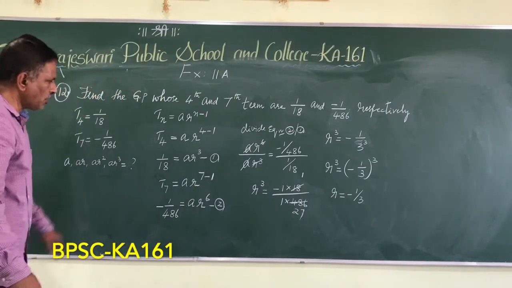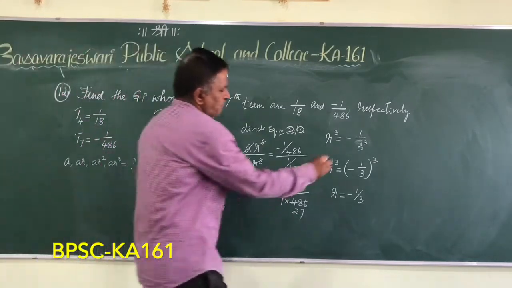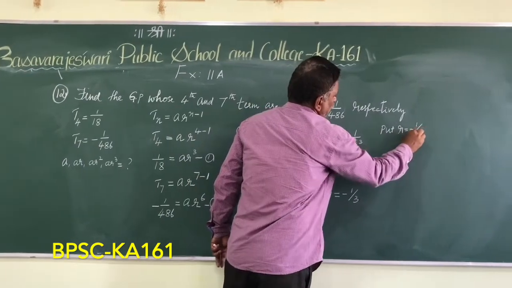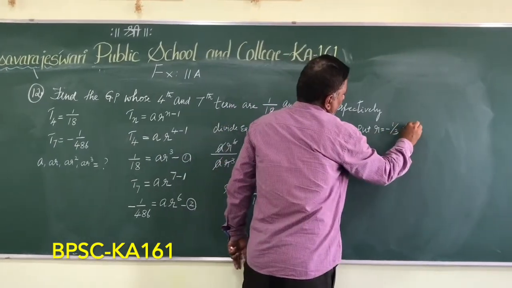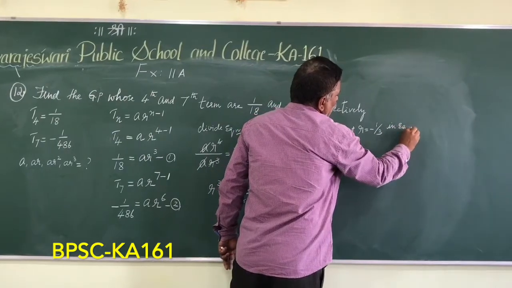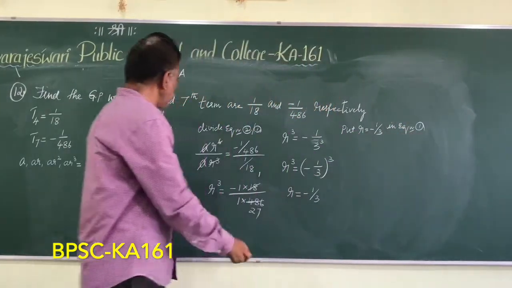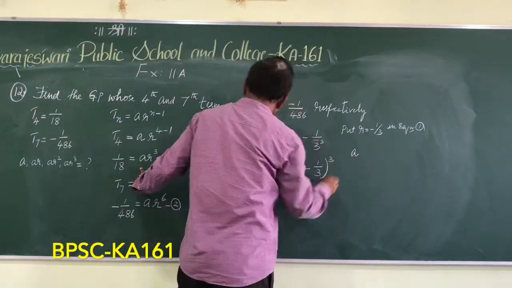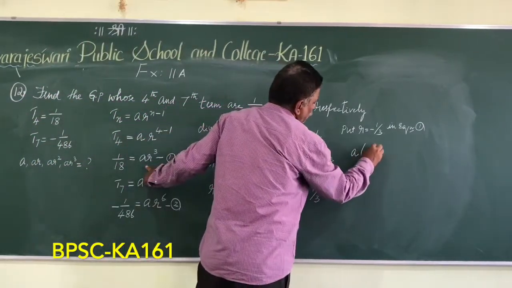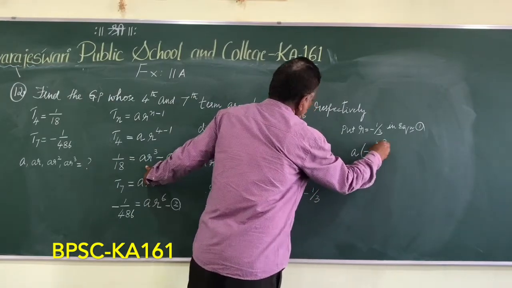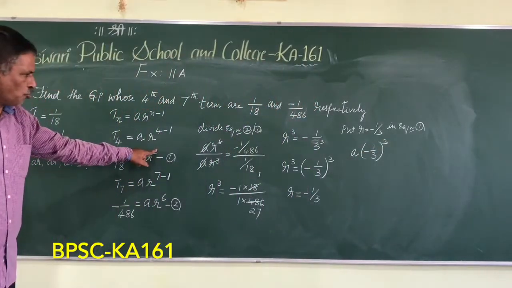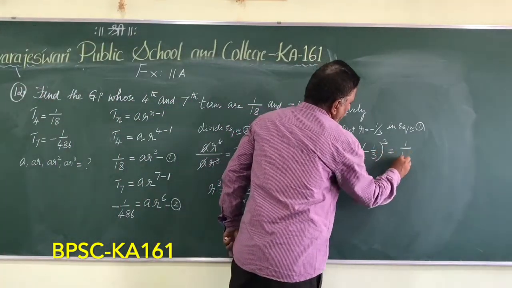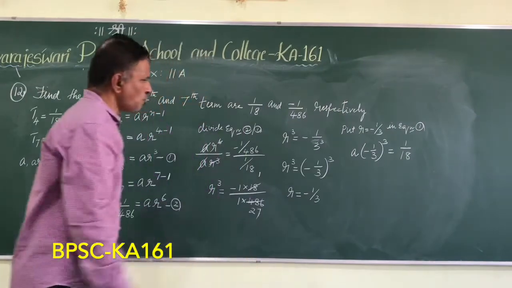Next, I have to find out the A value. So put R is equal to minus 1 by 3 in equation 1. What is equation 1? A R is equal to minus 1 by 3 whole cube, because it is A R cube, is equal to 1 by 18.